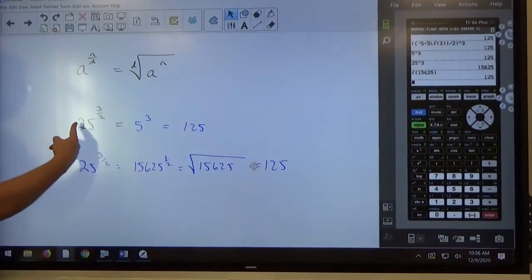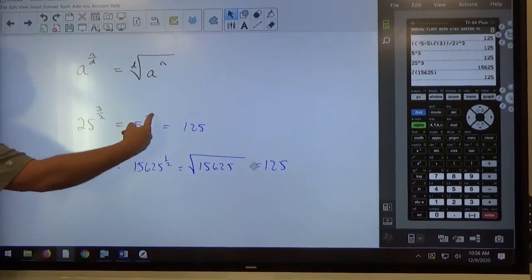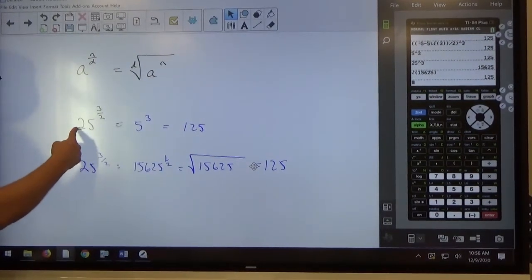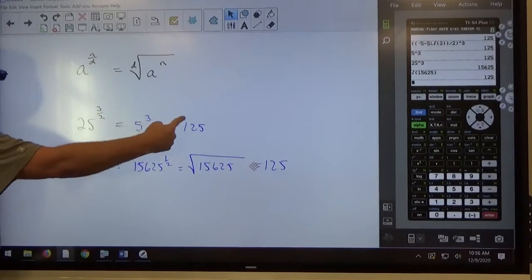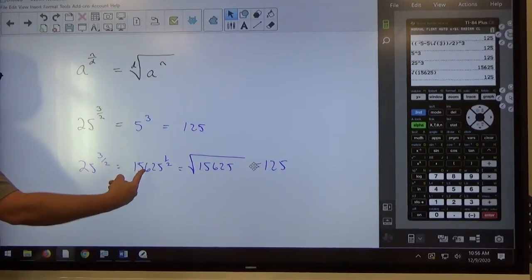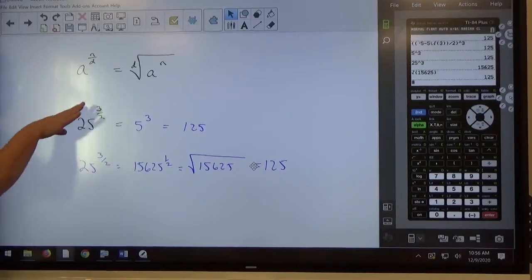So your choices are take the root first and then take the power second, or take the power first and the root second. And again, root first makes it smaller, and smaller to a power is easy, bigger to a power is hard, and then the square root of that bigger number is hard. So again, that's the technique I would use.